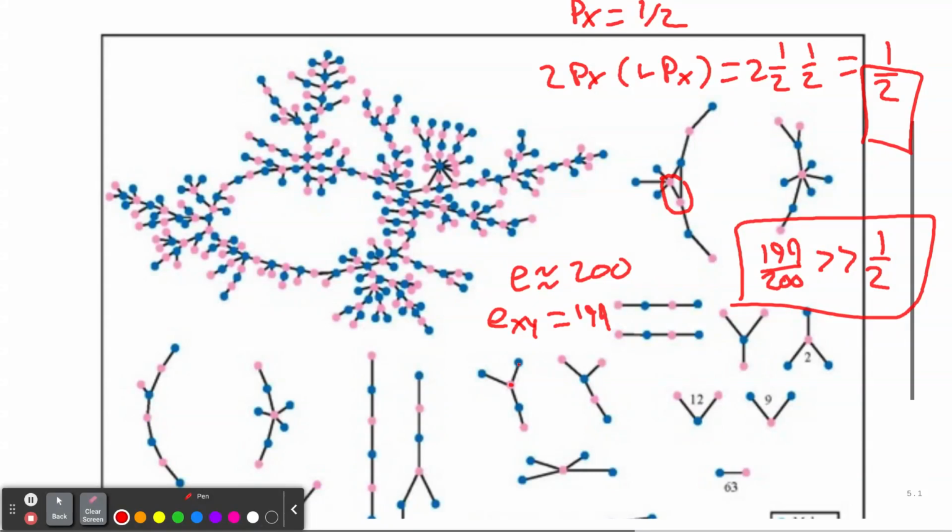That's what inverse homophily would mean. And that seems to be the case for this network. There's strong inverse homophily in the gender characteristic for this graph of high school students.